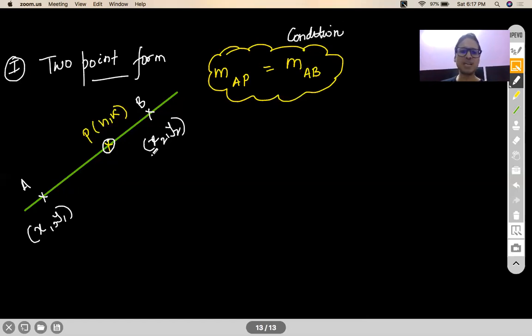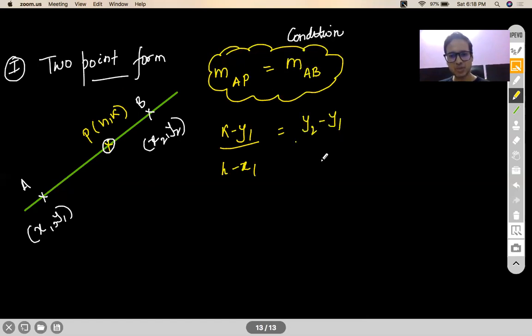If this condition is met by P, then we can say that P would be tracing a line connecting A and B. That is what I was trying to say. Okay. So what is AP? AP slope is k minus y1 by h minus x1. AB slope is y2 minus y1 by x2 minus x1. Okay. So let us try to write it like this.